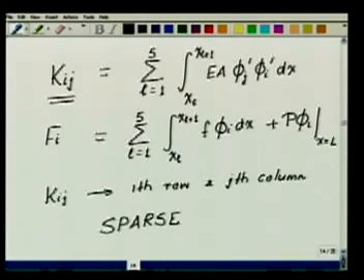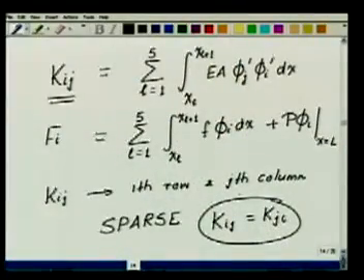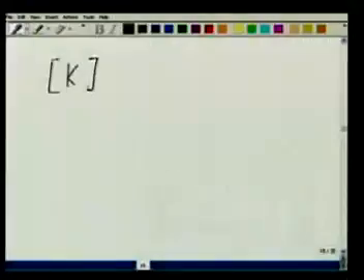So you see that Kij is equal to Kji. This is another very important property of these matrices. This matrix K is said to be symmetric.